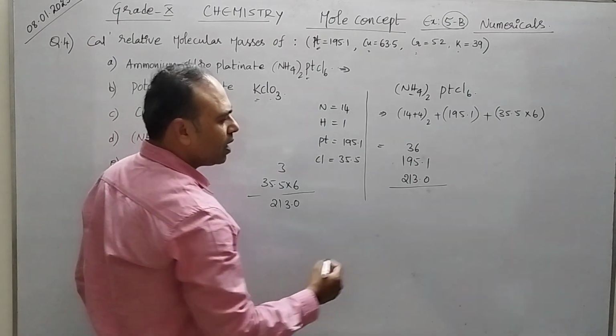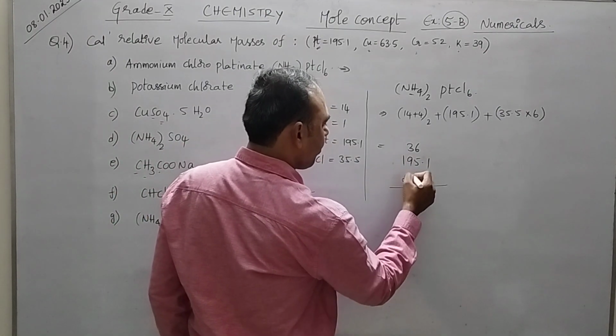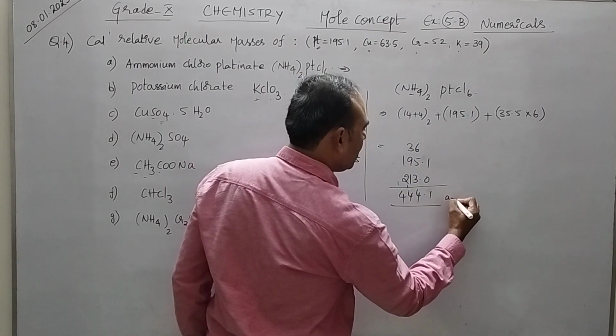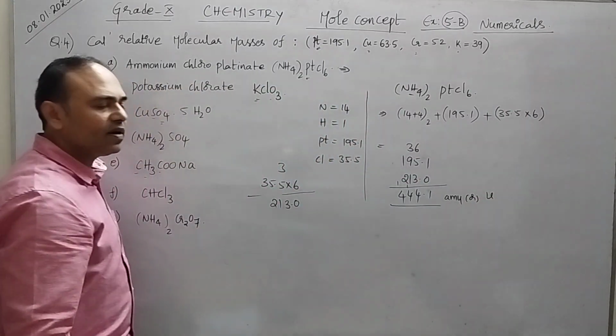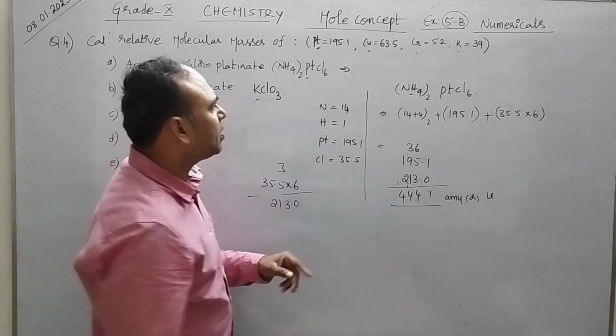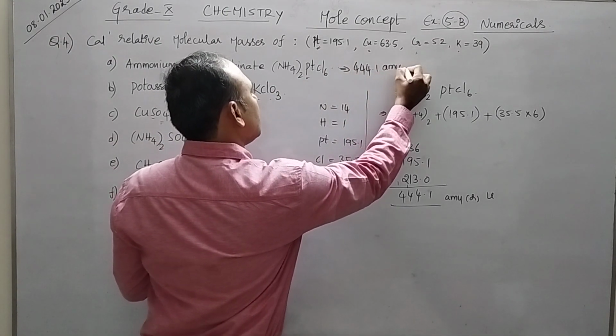Add this, so 444.1 atomic mass unit, or unified mass, either can be written. So for the first one, ammonium chloroplatinate, the relative molecular mass we got is 444.1 atomic mass unit.